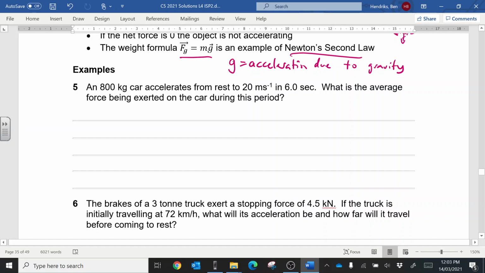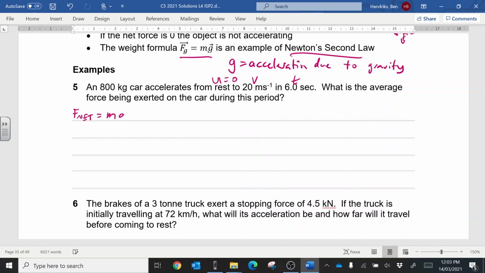An 800 kilogram car accelerates from rest, remember, that's our initial velocity, u equals 0, to 20 meters per second, that's our v, in a time of 6 seconds. What is the average force being exerted on the car during this period? F net equals ma, so in order to work out the force, we need to work out the acceleration.